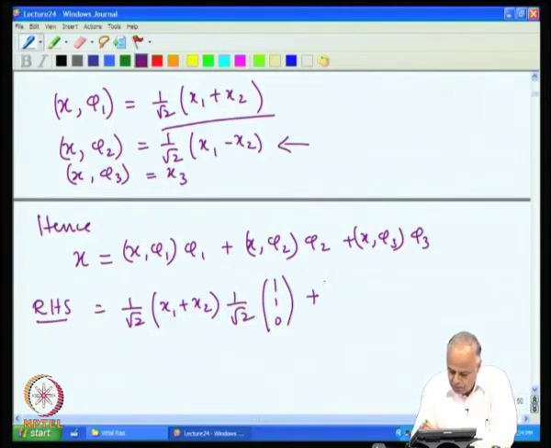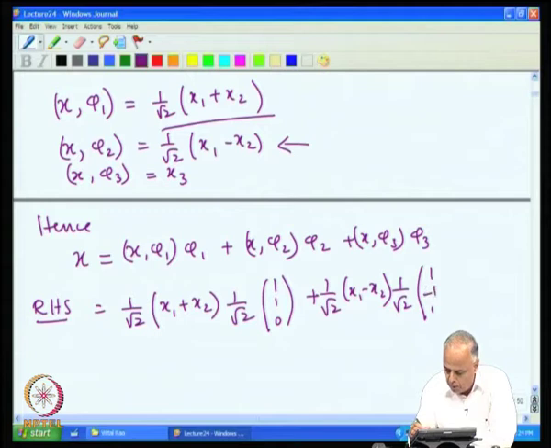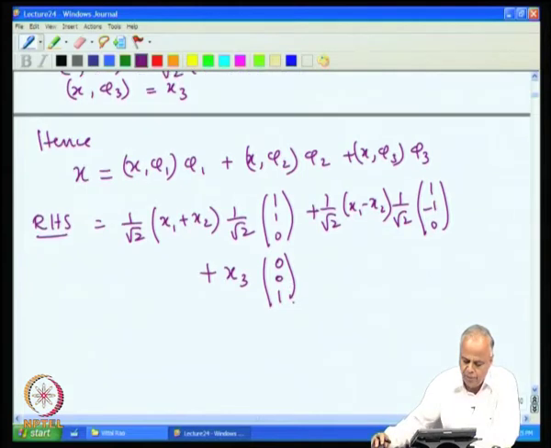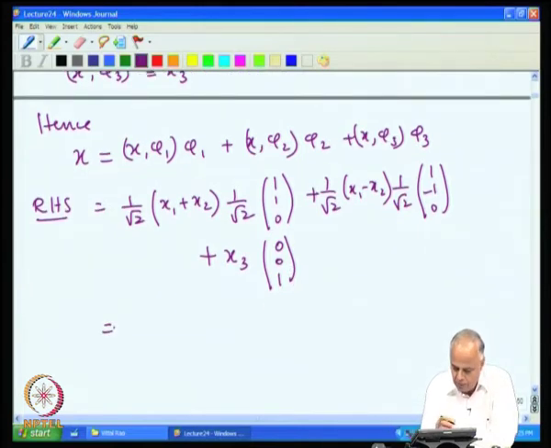If we substitute that, we get 1 by root 2 into x 1 minus x 2 into phi 2, which is 1 by root 2 into 1 minus 1 0, plus x 3, x comma phi 3 is x 3, times phi 3, which is 0 0 1.